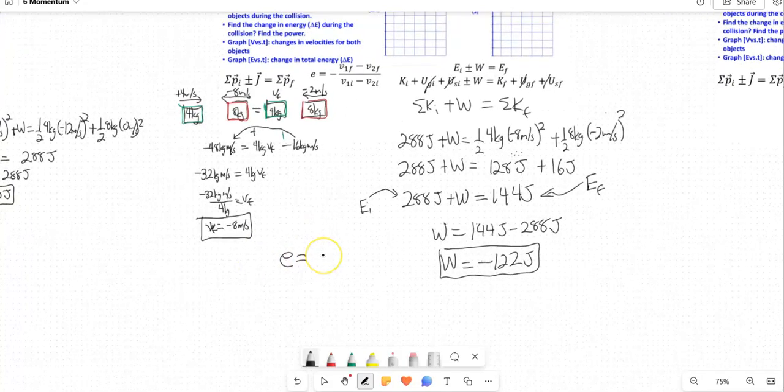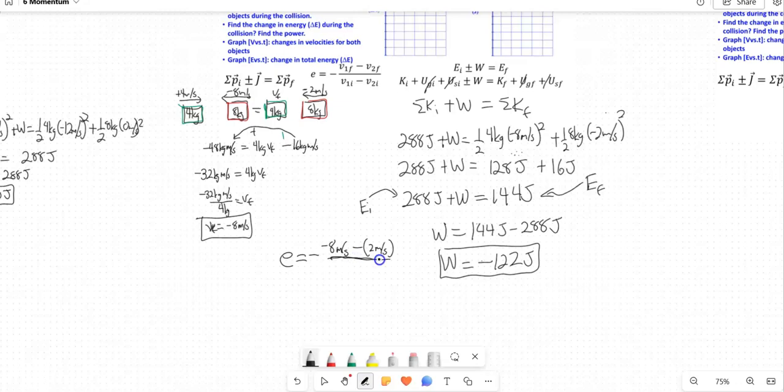What I'm going to do is put the final velocity for the 4 kilogram object first, which is negative 8 meters per second, and subtract that from the final velocity for the 8 kilogram object, which is 2 meters per second.